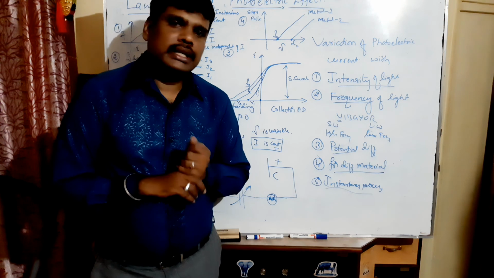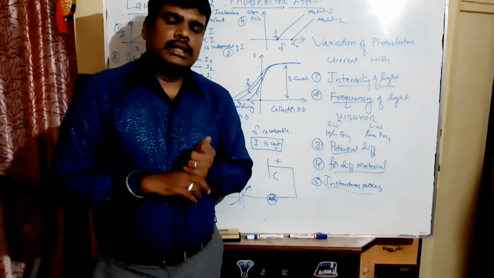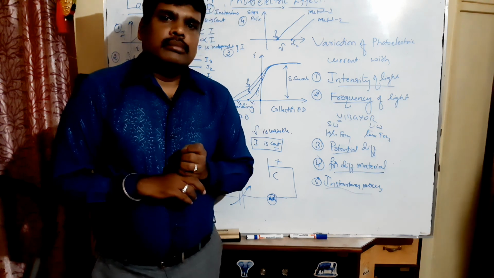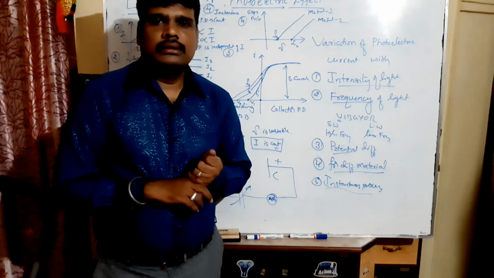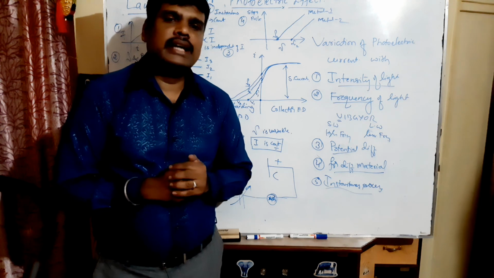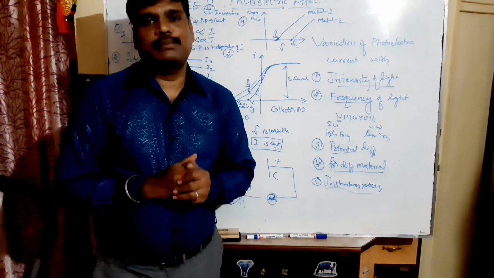The third point is, for the given photosensitive material, the stopping potential is directly proportional to frequency, but the saturation current is independent of frequency. There is a minimum frequency below which there is no photoelectric effect. The last point is, the photoelectric effect is an instantaneous process.